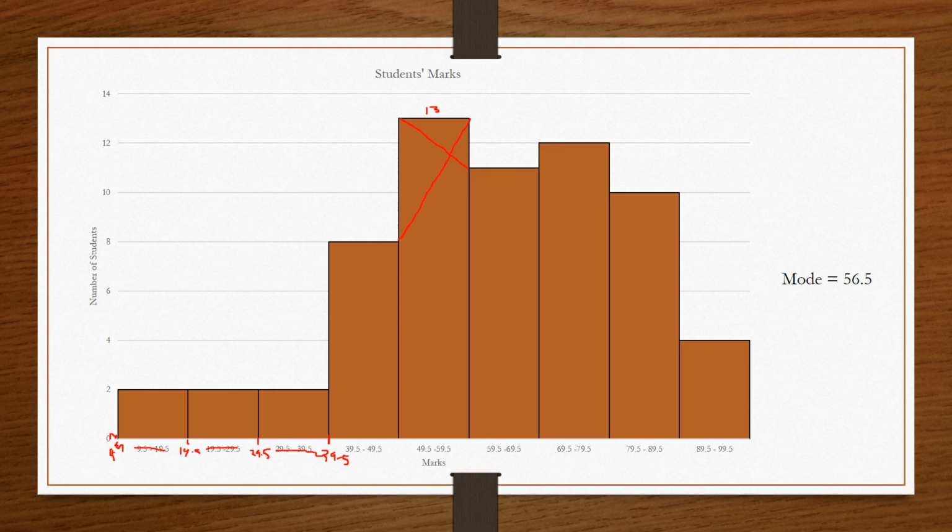At the point of their intersection, use dotted or broken lines, better broken lines, and move it using your ruler until it touches your marks, that is the x-axis. Keep moving it. Where it touches is where your mode lies. So for me, my mode is 56.5, and that is our final answer.